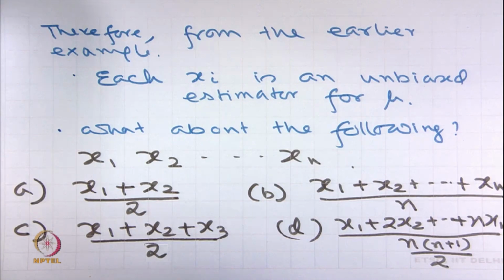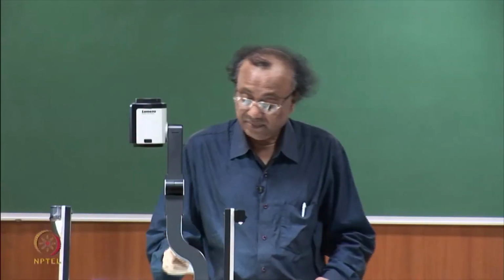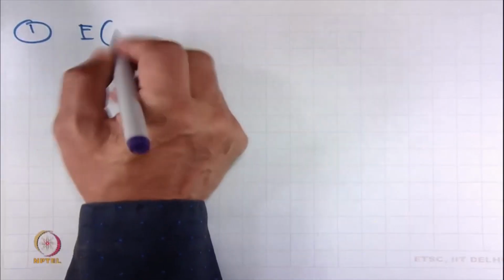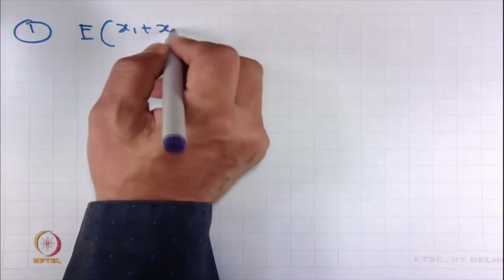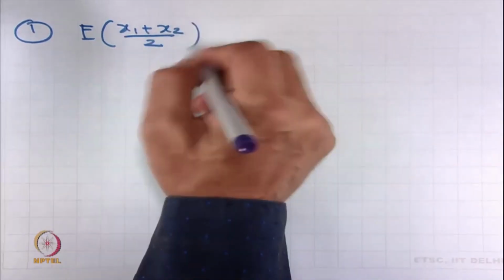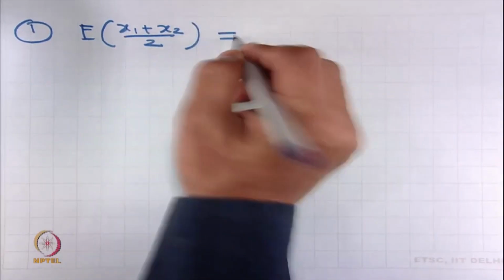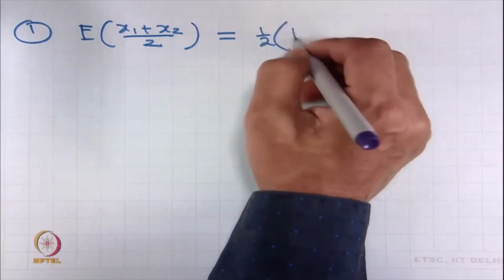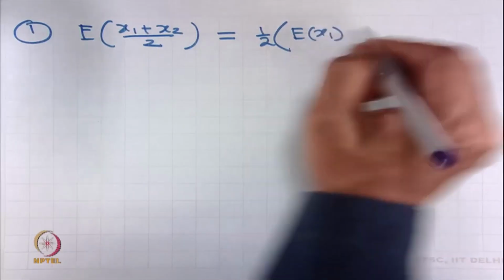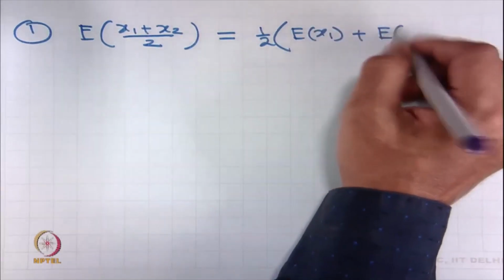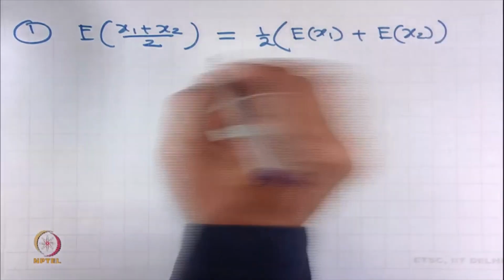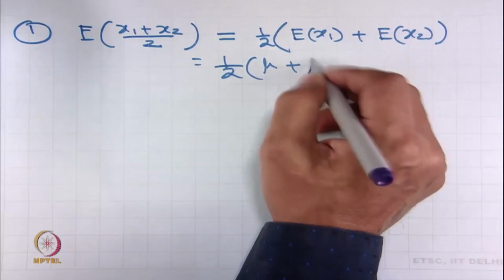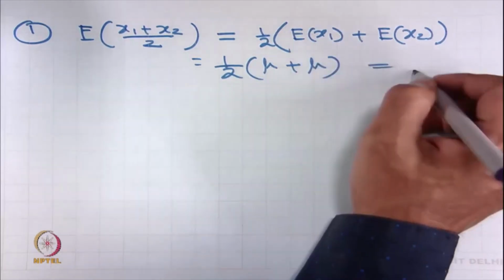Let us see their expectations. Expected value of x 1 plus x 2 by 2, because of the linearity, is equal to half of expected value of x 1 plus expected value of x 2, is equal to half times mu plus mu, is equal to mu.